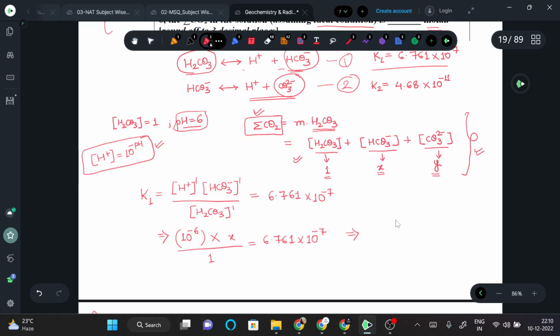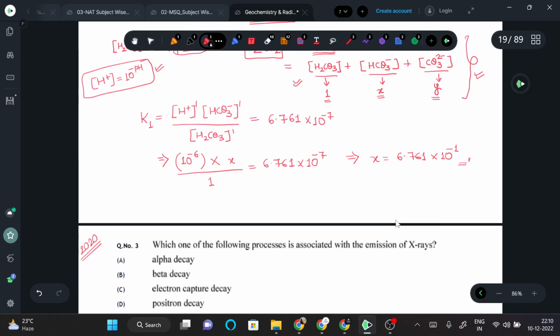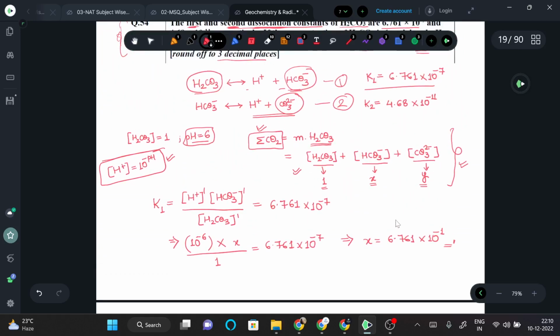So from here we get X. X is 6.761 into 10 to the power minus 1. So this is what we have got for X. Just remember this part, it comes from that log formula only.